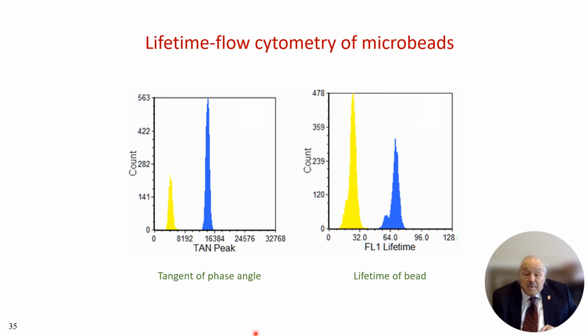Here it's only done with microbeads, presented as either the tangent phase angle or lifetime of the bead. But as you can see, you get complete resolution using the beads as they flow through a flow cytometer.